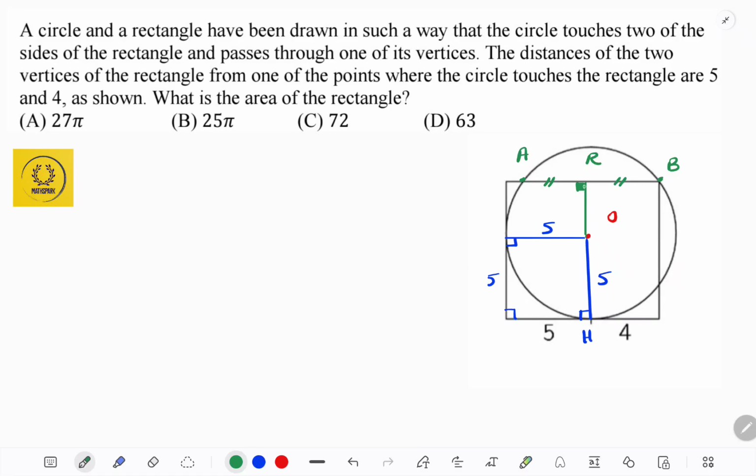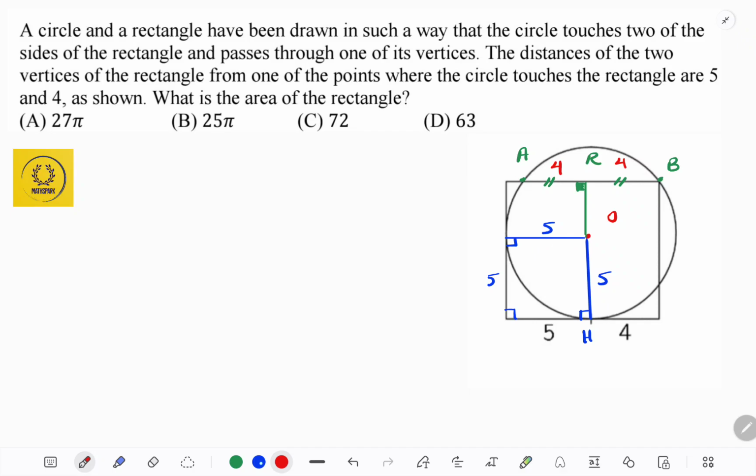But what is the length of RB or AR? Since this line is vertical, it doesn't move left or right. So R is directly above the point H. So that's why RB equals 4. So this part is 4. And because AR equals RB, we concluded that AR is 4 as well.